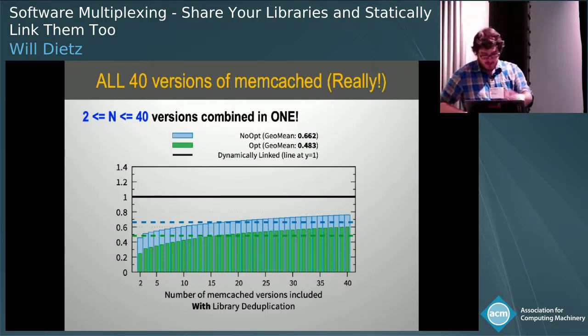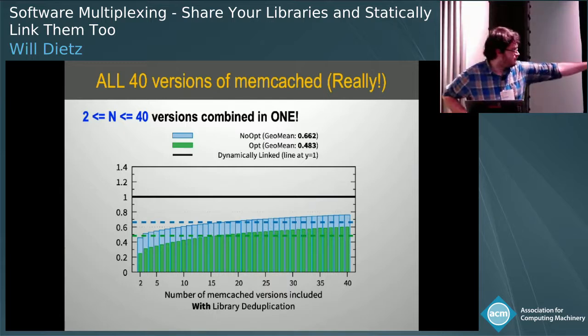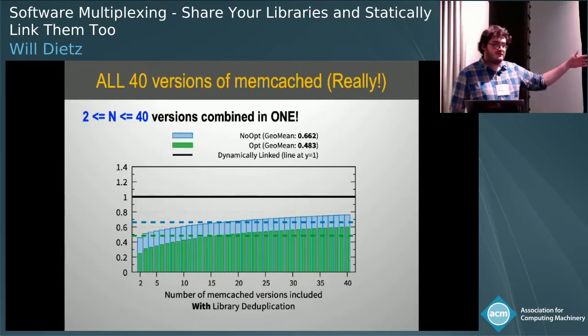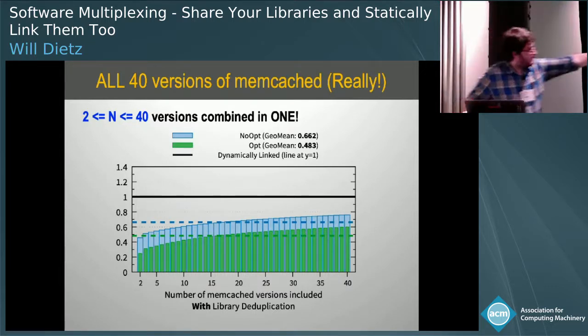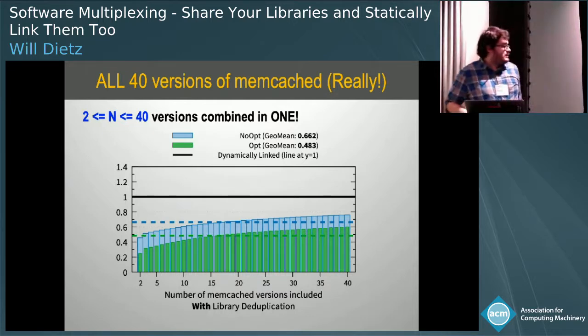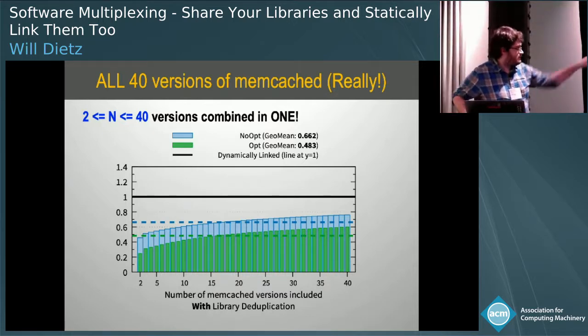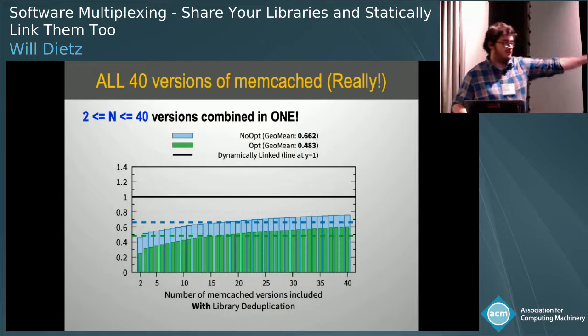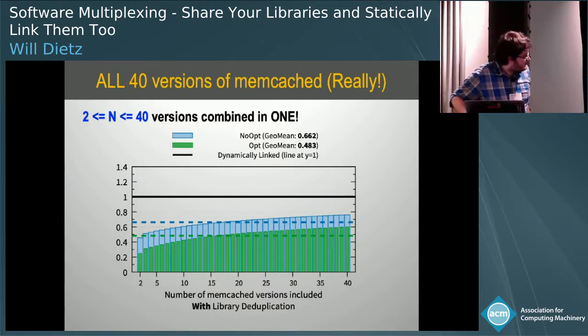The cross point was that with multiplexing, we got 15 versions to fit into what normally is one version. But certainly compared to the dynamic linking of all 40. And this just shows how it scales: at 2, we combined 2 versions versus dynamic linking of 2 versions, and so on. I don't know, it was just really cool.